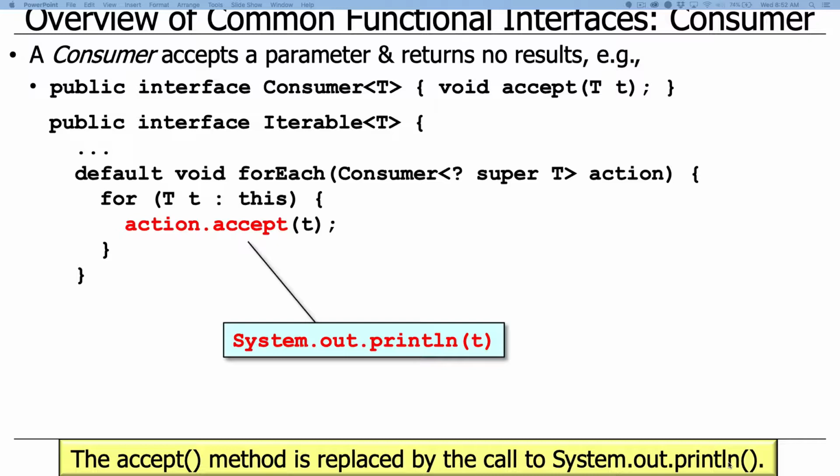In this case, that will turn out effectively to be something akin to System.out.println(T), where T is the parameter that's passed in here. So pretty cool, pretty straightforward. Consumers are fairly straightforward. And you'll see some interesting examples when we get a little further in the course when we talk about some of the Java 8 streams framework components, like spliterators, which will use consumers to do various interesting things.